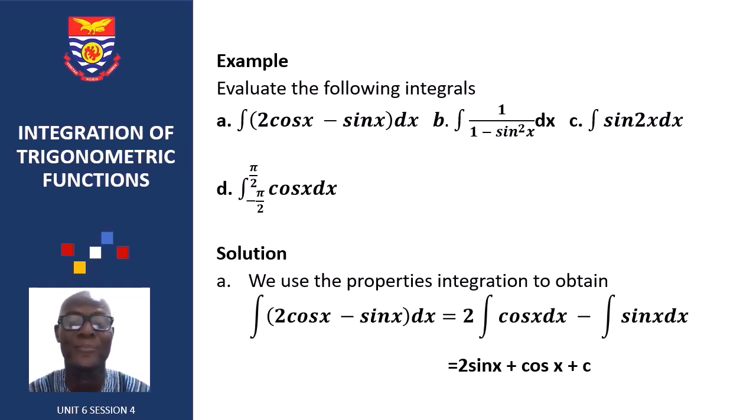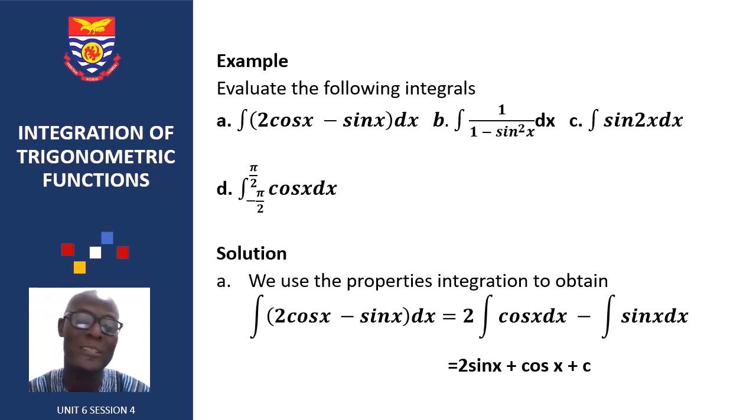A, we use the properties of basic integrals of trig ratios. That is, if we have the integral of 2 cos x, 2 is a constant, so you bring it out, then the integral of cos x, then minus the integral of sine x.